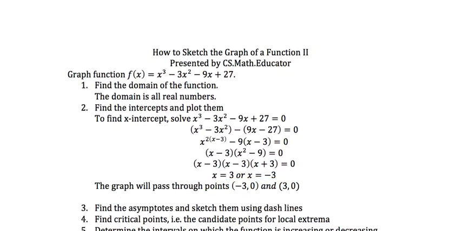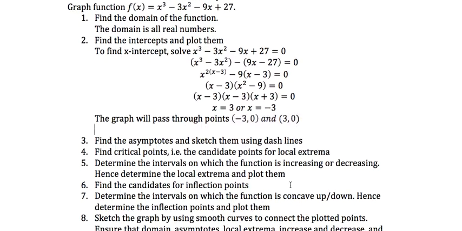Now, if you pay attention, x = 3 is a zero of multiplicity 2. That means the graph of this function will not cross the x-axis at x = 3, only touch it. This is some knowledge from college algebra.